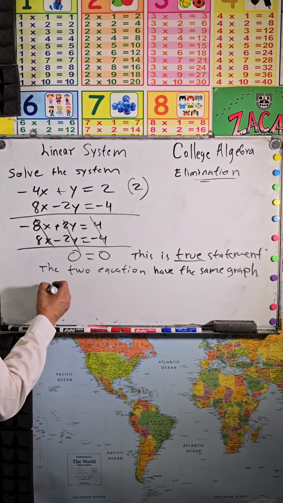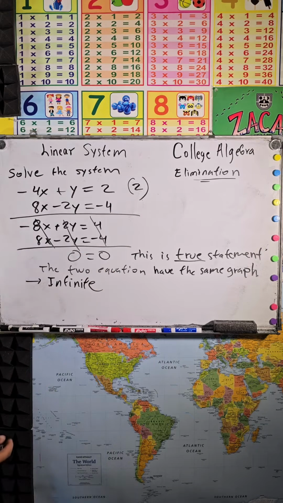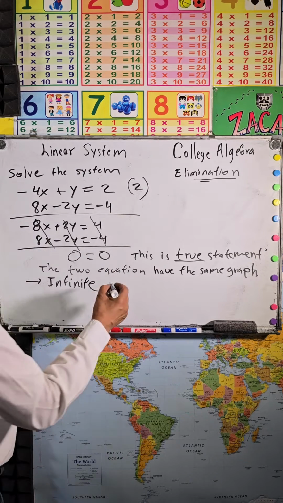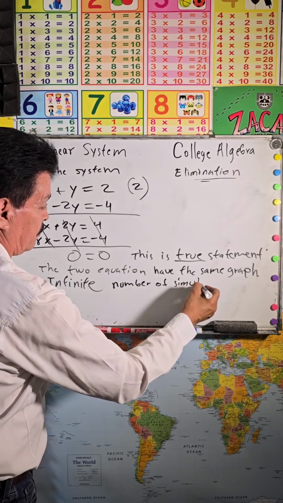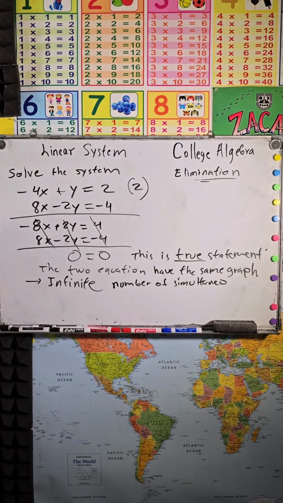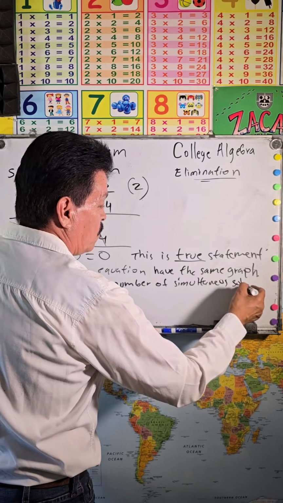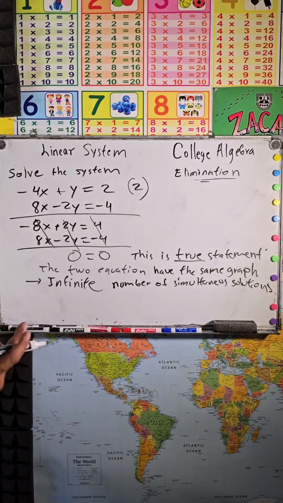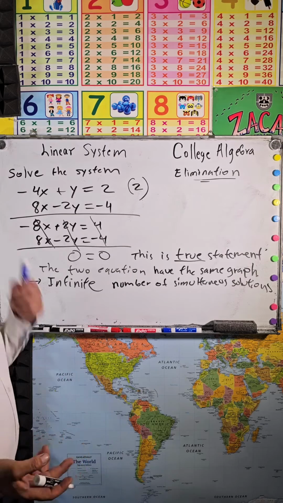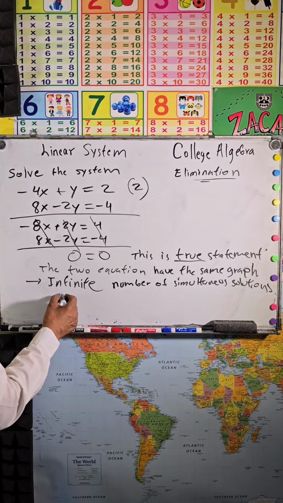So let's write: infinite number of simultaneous solutions for the system.